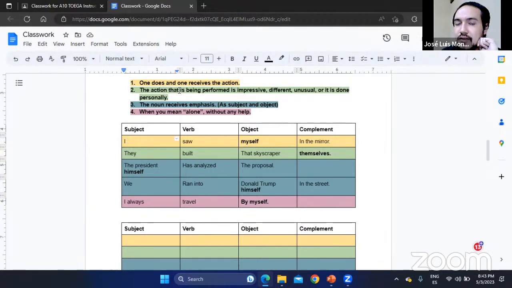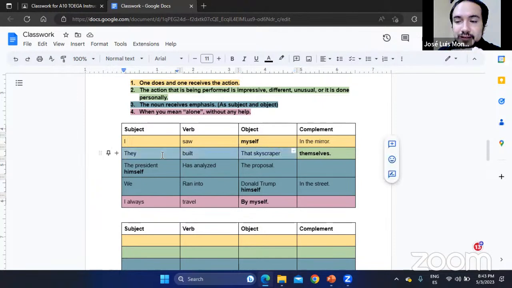Green one: the action that is being performed is impressive, different, unusual, or it is done personally. If that's the case, that's number two. And the green one, they built that skyscraper themselves. Okay, one sentence like that, please, Gladys, when you put emphasis on the impressive idea that you did this action.